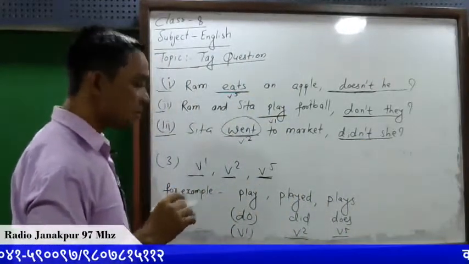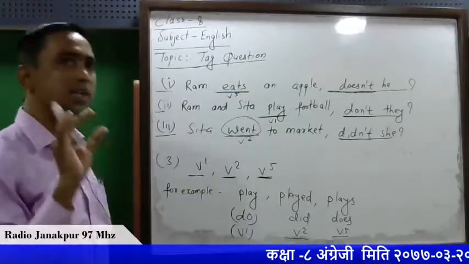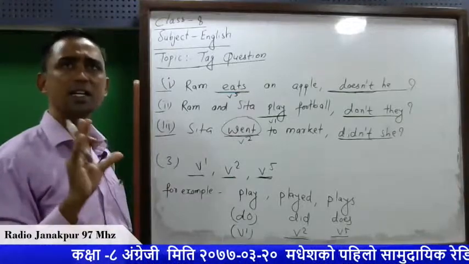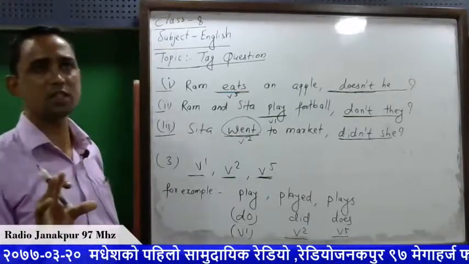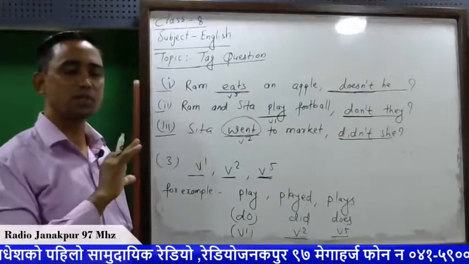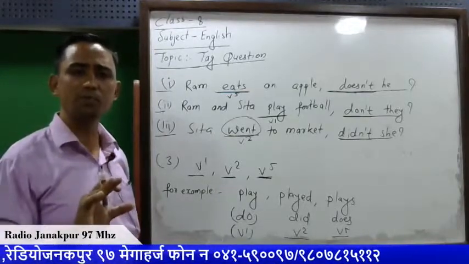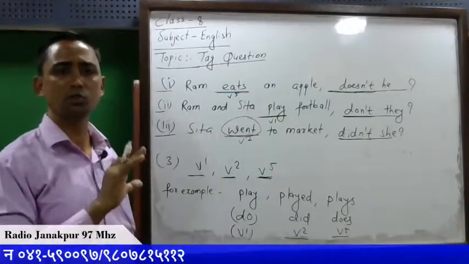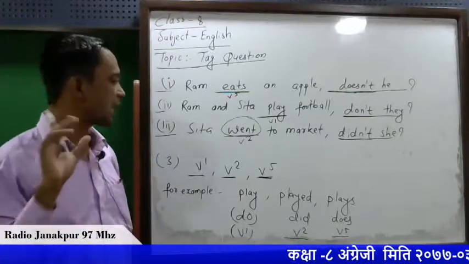So it has become very much clear that if there is auxiliary verb in the statement, the same auxiliary verb is repeated in the tag question. If they are positive in the statements, they should be written in the negative form in the tag question, and if they are negative in the statements, then they should be written positive in the tag question.